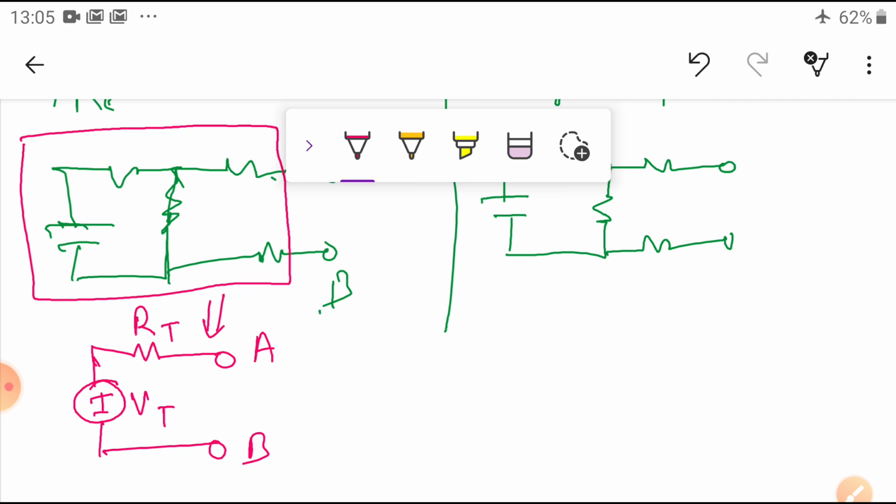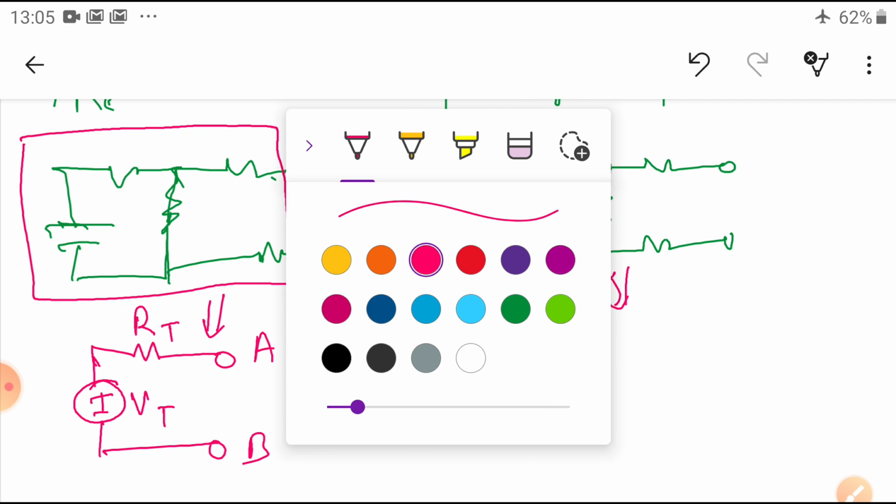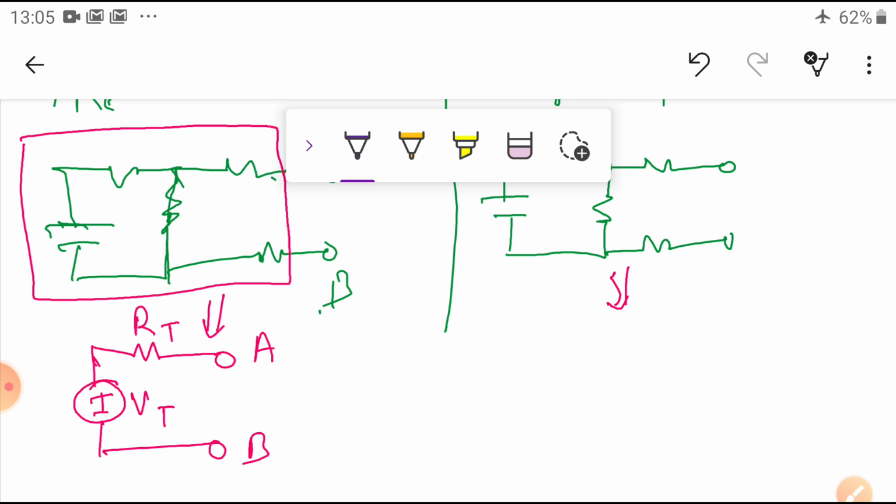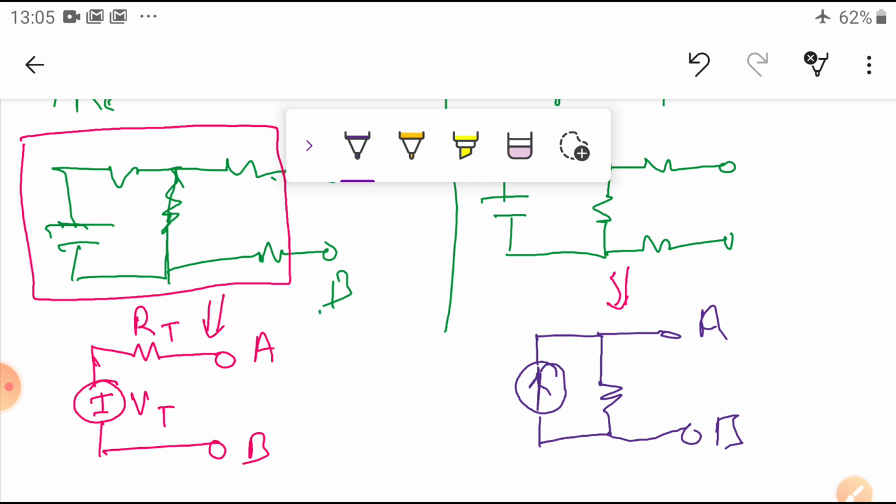Now similarly here also, this circuit is converted into one current source connected in parallel with one resistance, with the terminals A and B. We can say this is R Norton and this is I Norton.